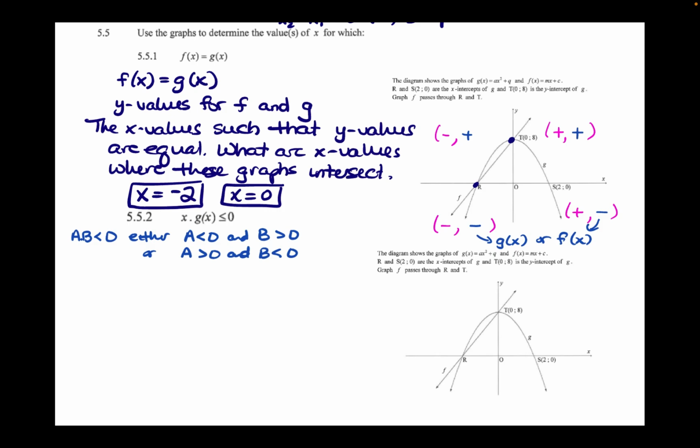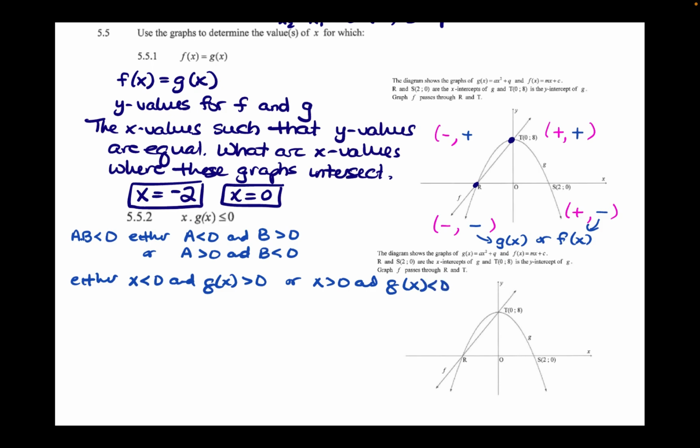So that's going to be helpful in this problem. So either x is less than 0 and g of x is greater than 0, or x is greater than 0 and g of x is less than 0.